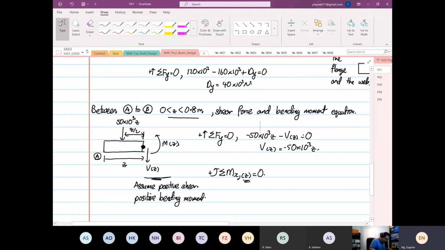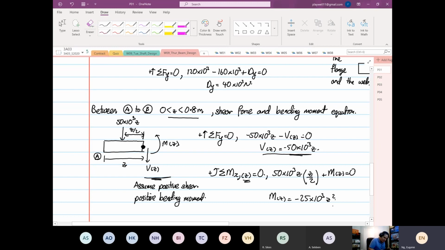So from here, you have the 50 times 10 to the power 3 z multiplied by z over 2, plus M of z. They're in the same direction. So M as a function of z will be equal to minus 25 times 10 to the power 3 z squared.